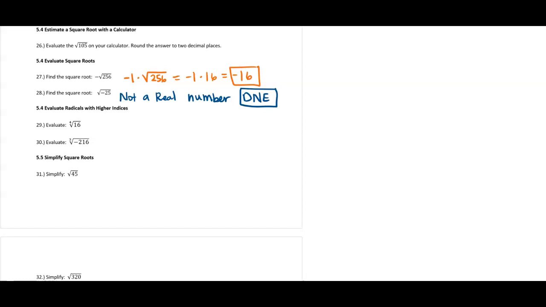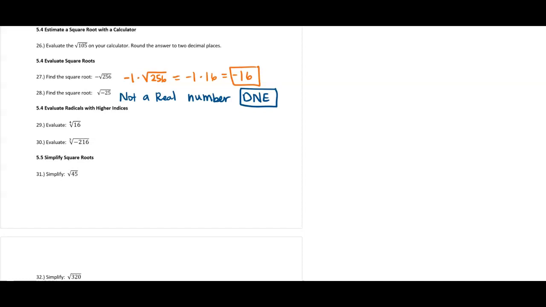But what about this one, number 30? So this one's saying do the cubed root of negative 216. And again, make sure you know how to find the cubed root on your calculator. If you did the cubed root of negative 216, it will actually give you an answer, and it'll be a negative number.